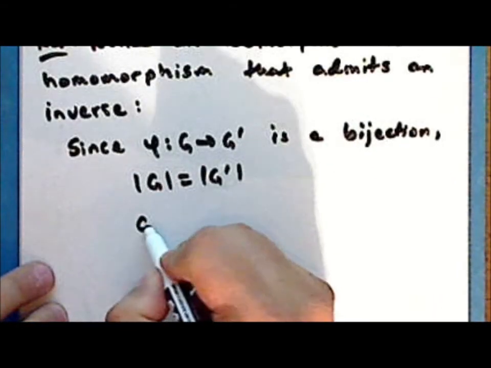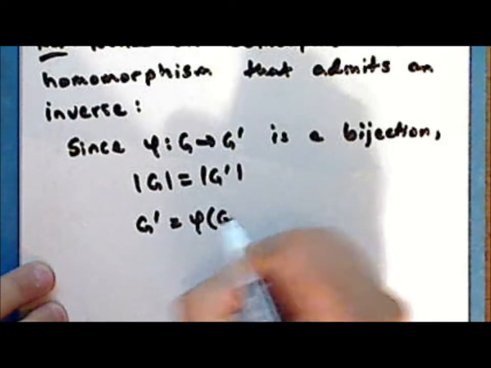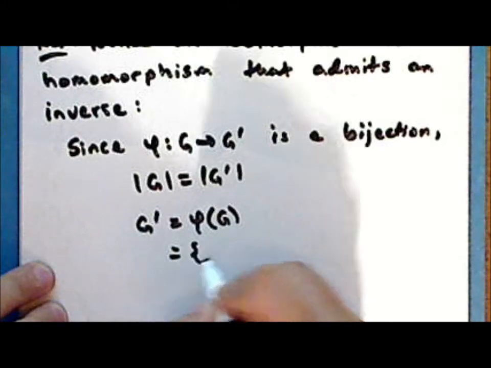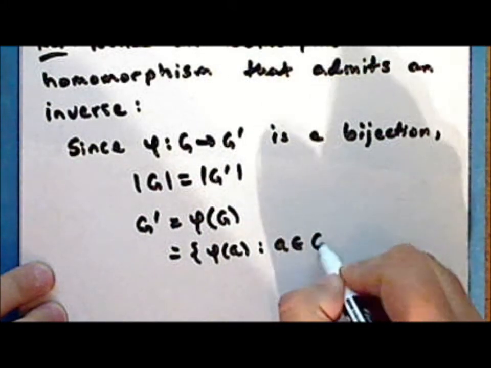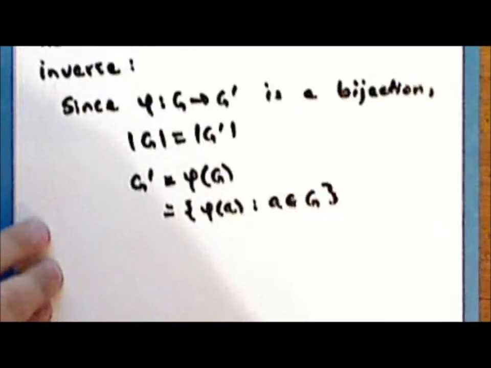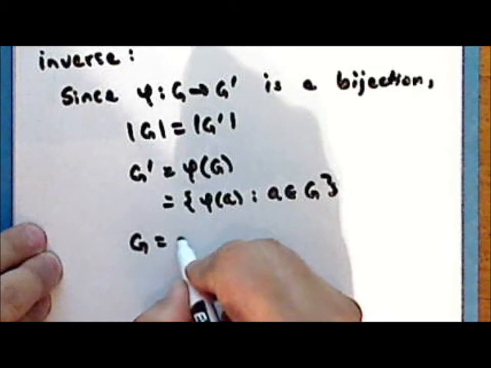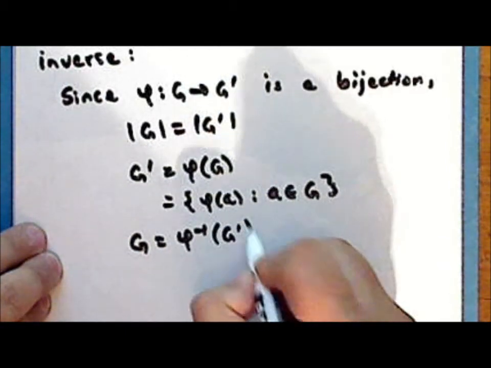And so we can consider the group G prime to be the direct image under the map phi of the group G. That is, the set of all elements phi of A, where A is an element in the group G. Similarly, we can consider the group G to be the inverse image under the map phi of the group G prime.